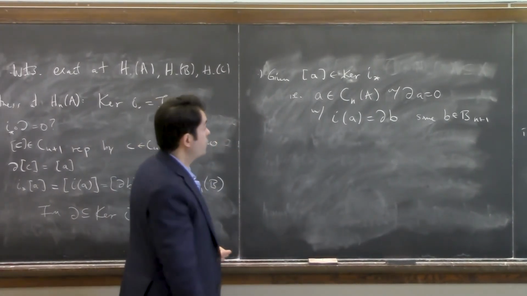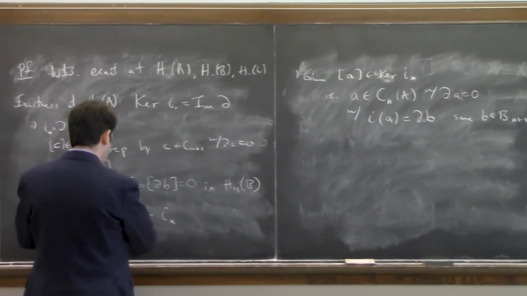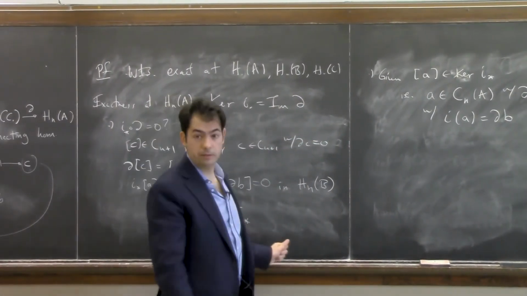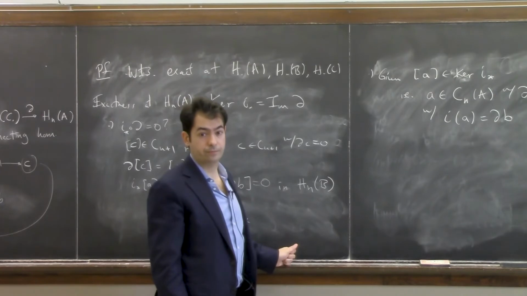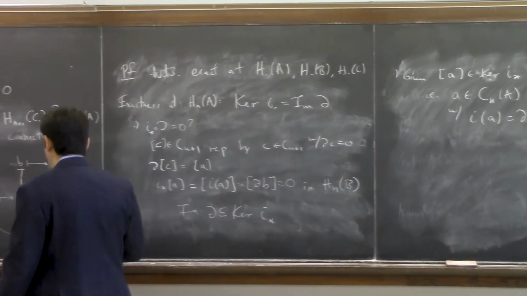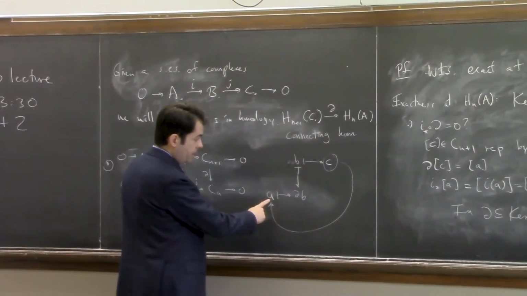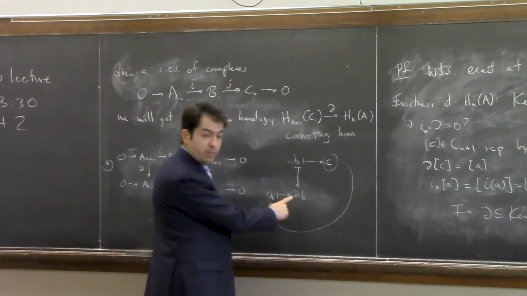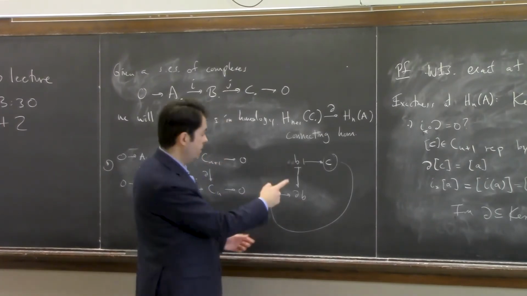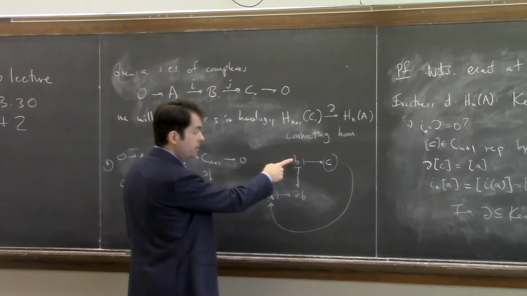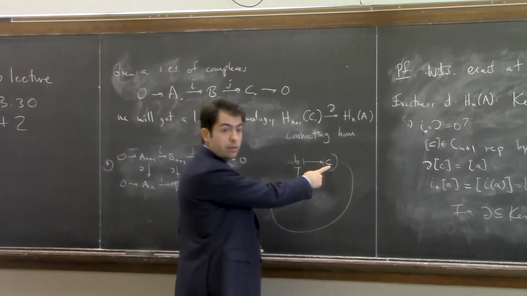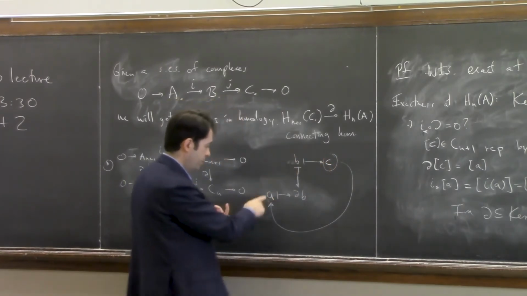We want to show that it is in the image of the boundary. Right? OK, so you have a cycle here, and you know that when you hit it with I, you get the boundary of B. Right? OK, so what we should do is just take that B, take J of it, and then if you were to hit it with the connecting map, you would get back to A.